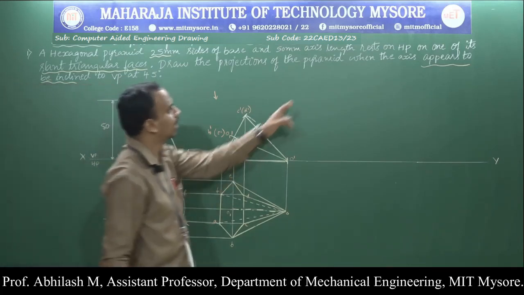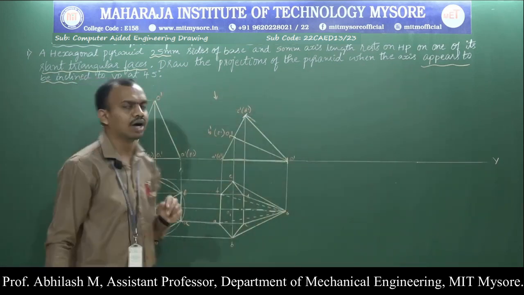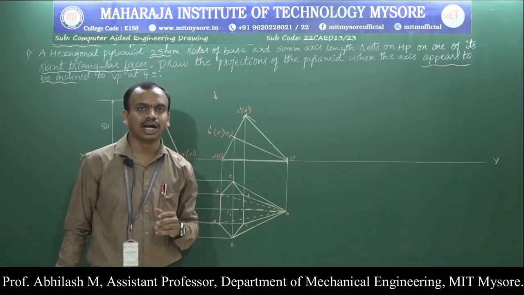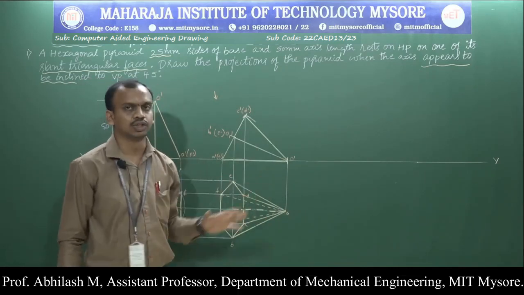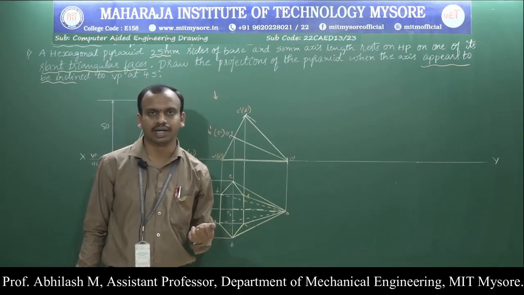They are stating that the axis appears to be inclined to VP at an angle of 45 degrees. Here it appears to be inclined, so you need not calculate the angle beta as we did in the case of the pentagon.